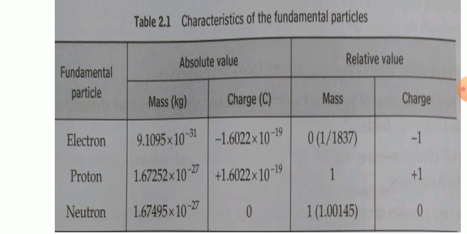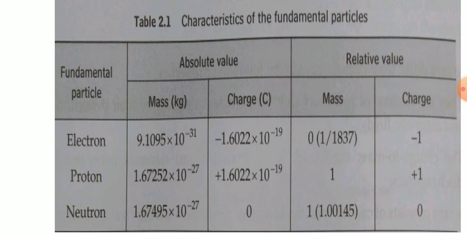Second, the proton. The absolute mass of the proton is 1.67252 × 10^-27 kg, and the absolute charge of the proton is +1.6022 × 10^-19 coulomb.